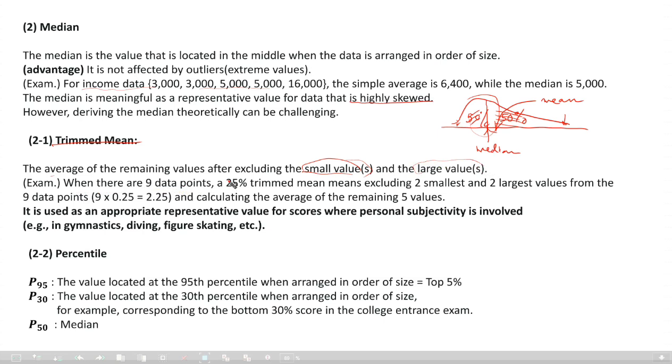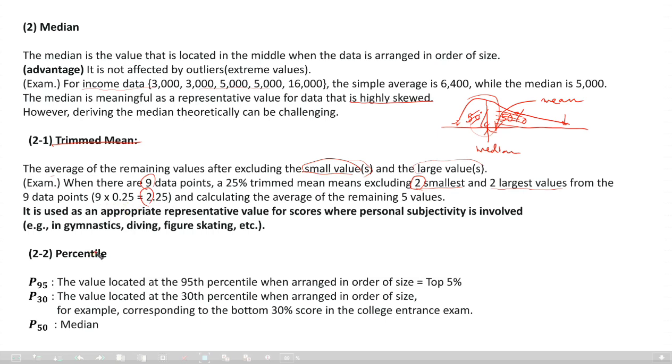Suppose there are 9 data points. A 25% trimmed mean means excluding the two smallest and two largest values from the 9 data points. Why two? 9 times 0.25 is 2.25, so we use only 2.